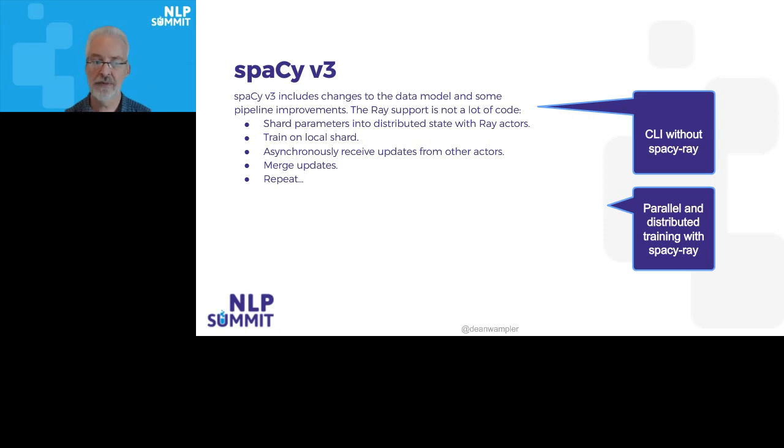It'll asynchronously receive updates from the other actors about how they've improved the parameters, merge those updates, and repeat this process. So there's a little bit of logic, some of which is a little complicated, although the lines of code is not that high to do all of this, but it's a pretty nice way of extending a powerful toolkit to be able to run over a cluster with relatively little effort.